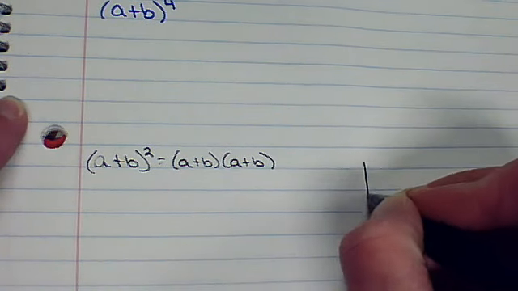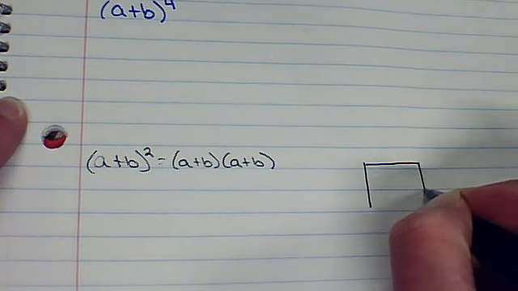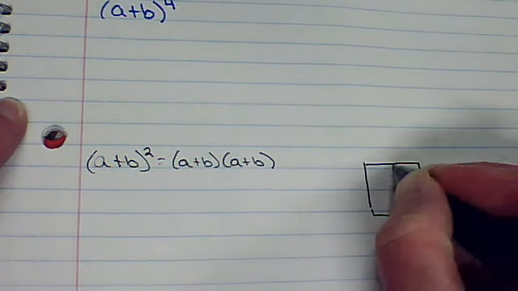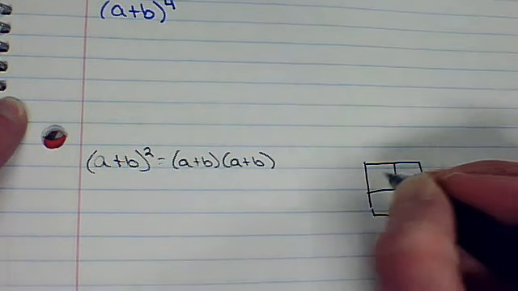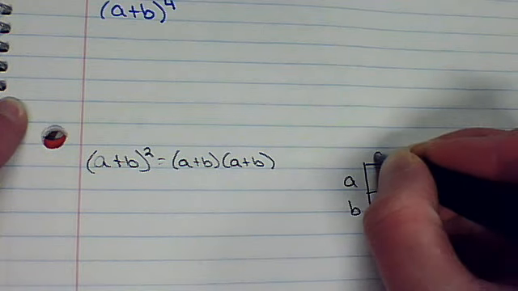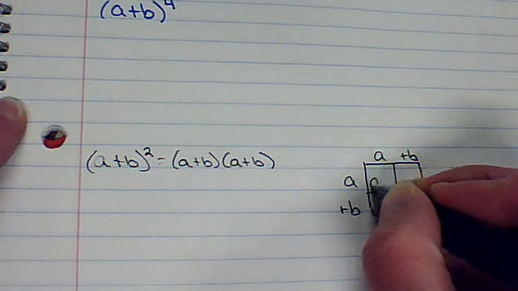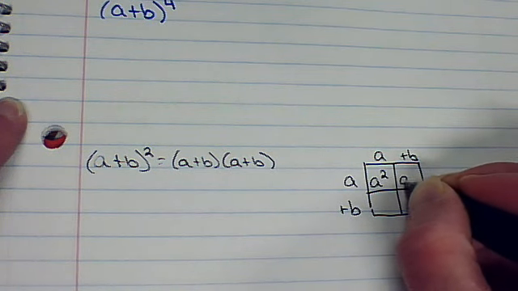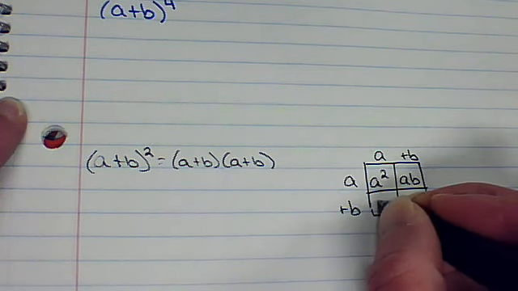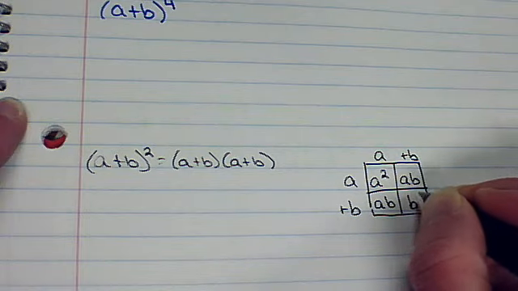If you like using the multiplication box, which I do, you can use that to multiply. That's a and b, a plus b, and plus b. A times a is a squared, a times b is ab, a times b is ab, and that's b squared.